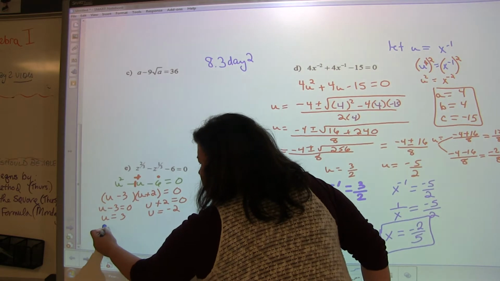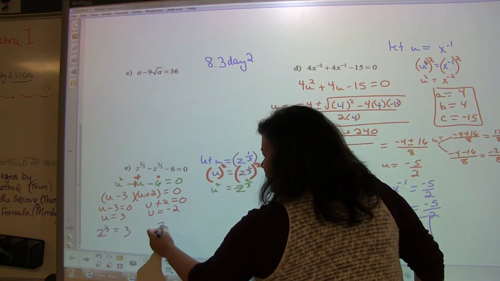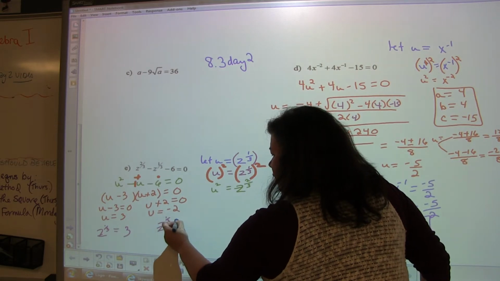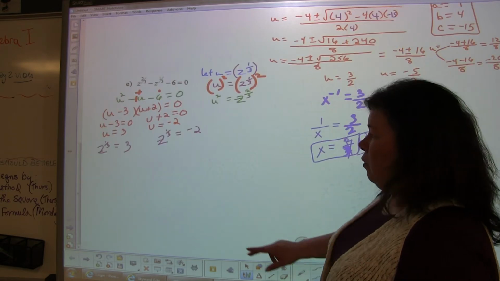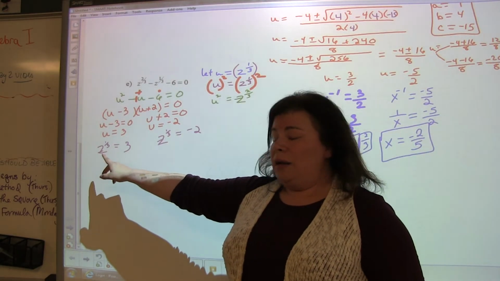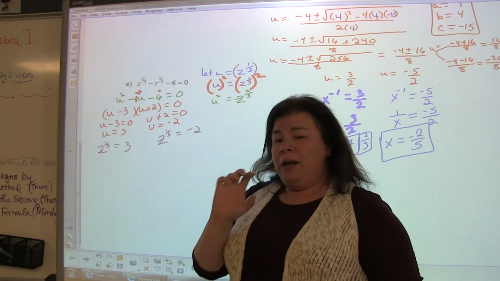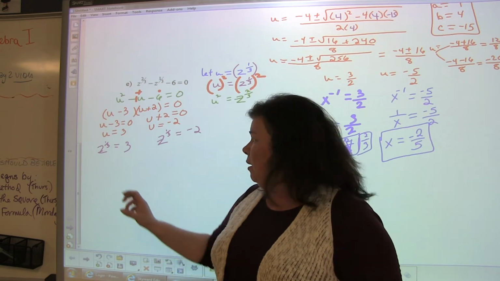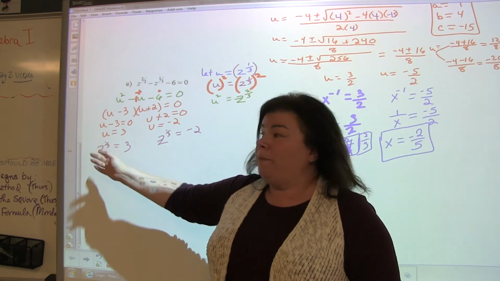So z to the 1/3 power equals 3, and z to the 1/3 power here equals -2. Okay, we're almost done, not quite. Our goal is to solve for z, and right now I have it raised to the 1/3 power. So I'm going to have to do something mathematically to make this just z to the first power.